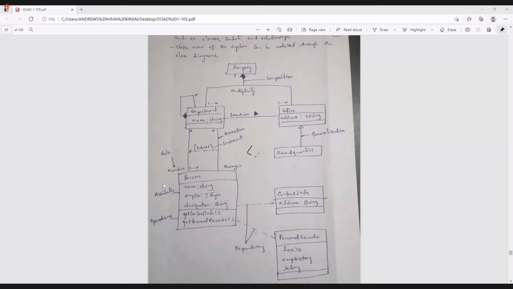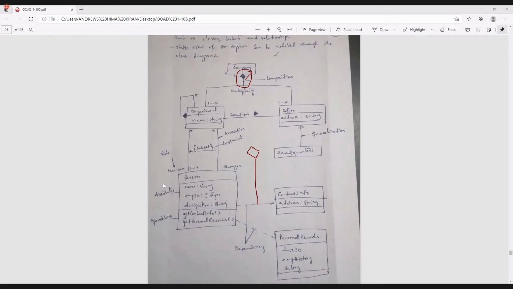An aggregation is represented with a straight line which ends with an open rhombus or open diamond. Whereas composition, this particular thing which you are seeing, is a straight line which ends with a closed or shaded rhombus or shaded diamond.